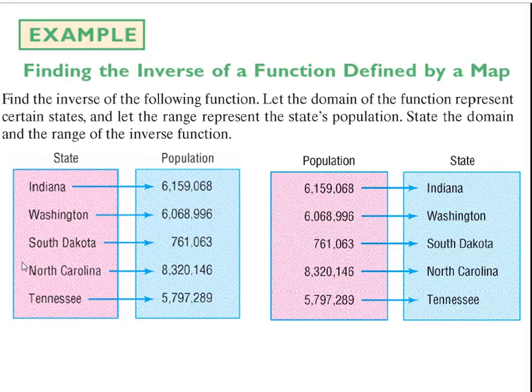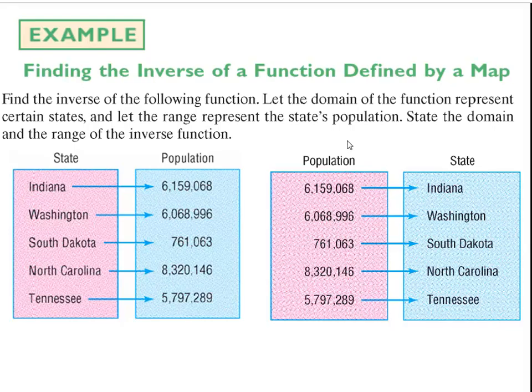I just want to point out to you here that the state is the domain of the function f. The population is the outputs, the range of the function f. And then for the function f inverse, those things are reversed. So now the populations are the inputs, the domain of the function f inverse, and the outputs of the inverse function are the states.